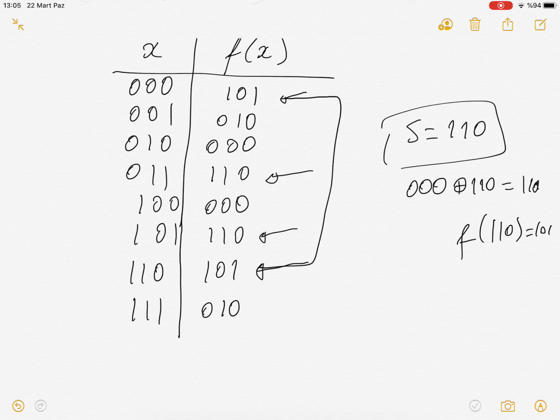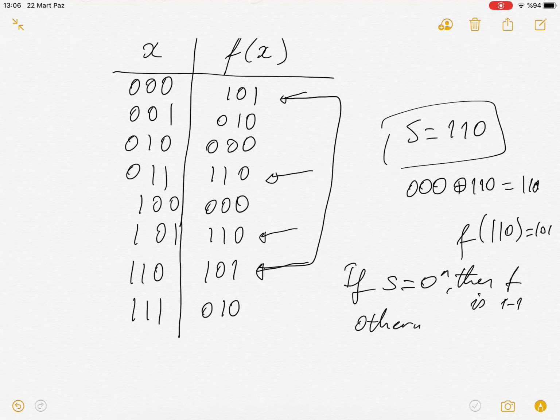But it may not always be easy to find s. And in fact, it's not easy for classical algorithms. If s is all zeros, that means the function must be 1-to-1.